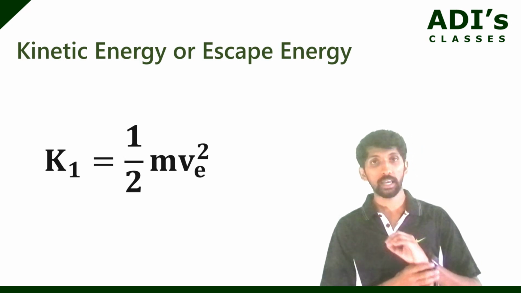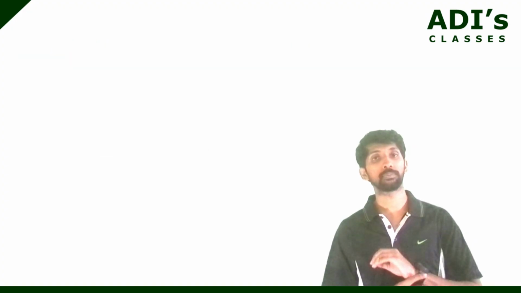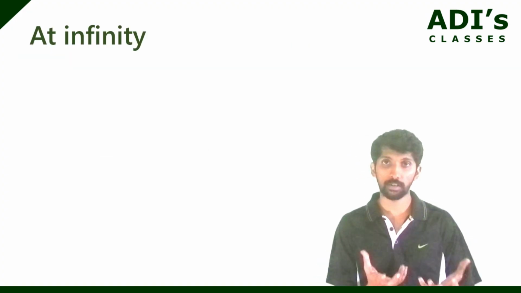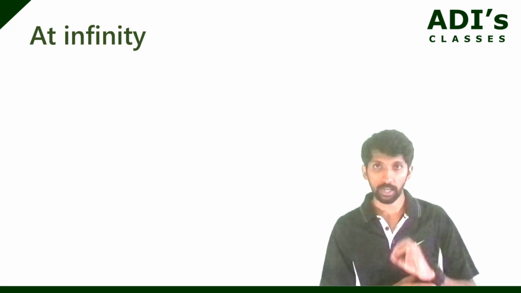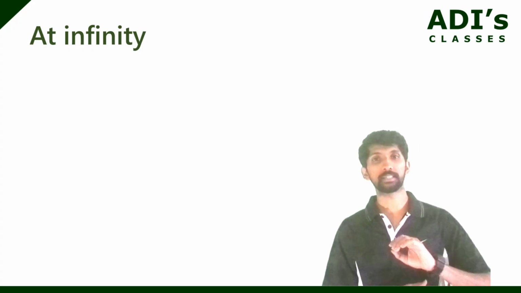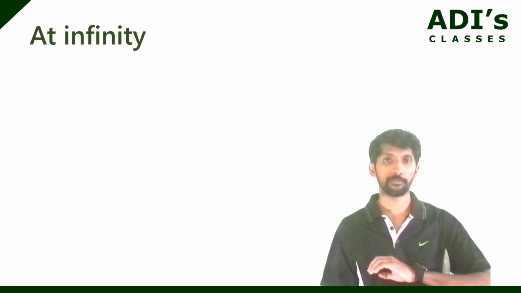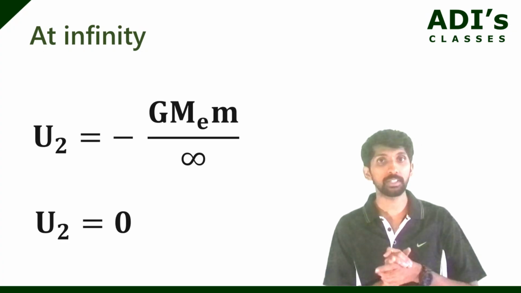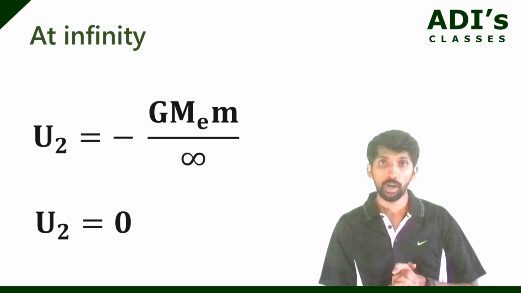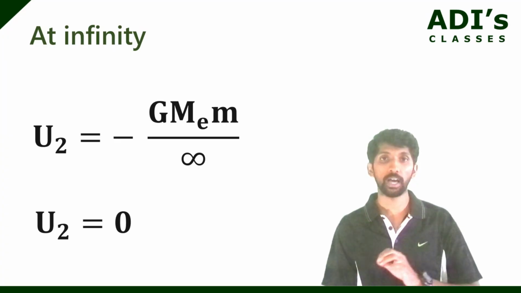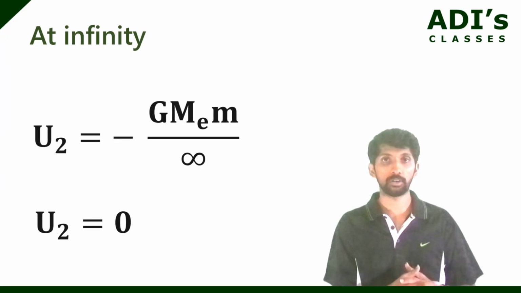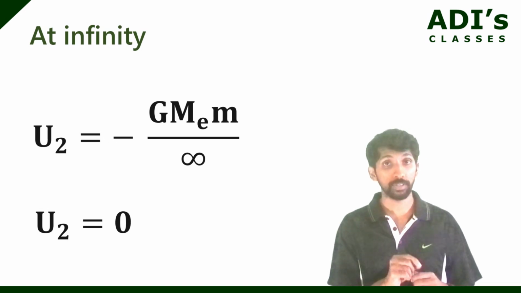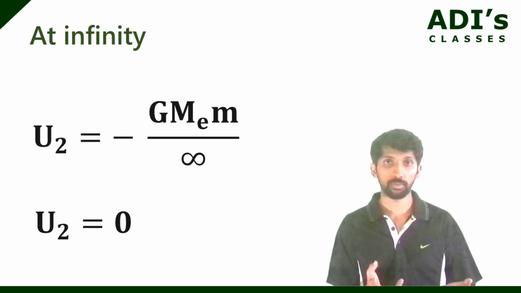Say we have an object that is going to infinity. That means it's going out of Earth's gravitational pull, so the distance becomes very, very big, and the gravitational potential energy becomes zero. At infinity, U2 is equal to minus G Me m divided by infinity, which becomes zero.